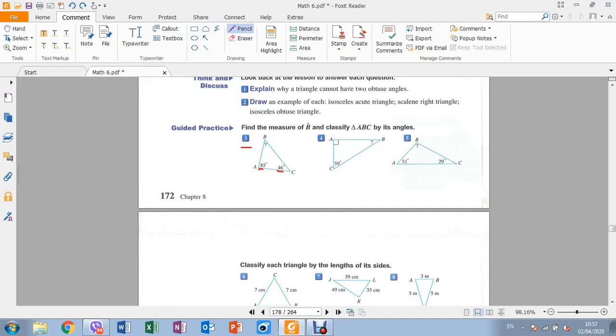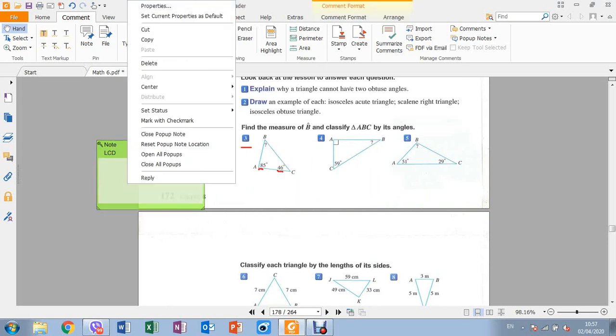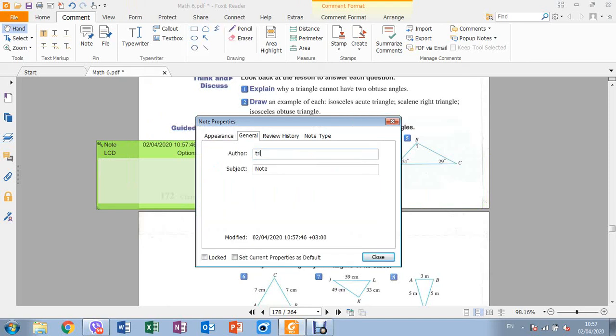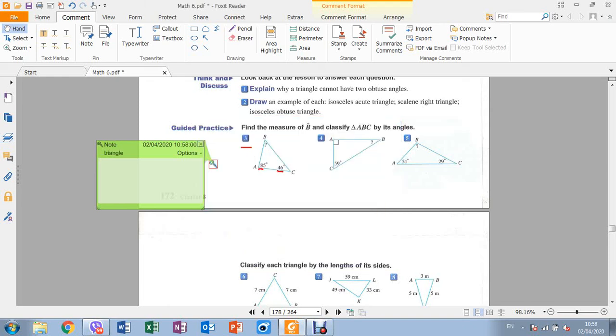Now we have 85 plus 46. 85 plus 46 equals how many? 131.